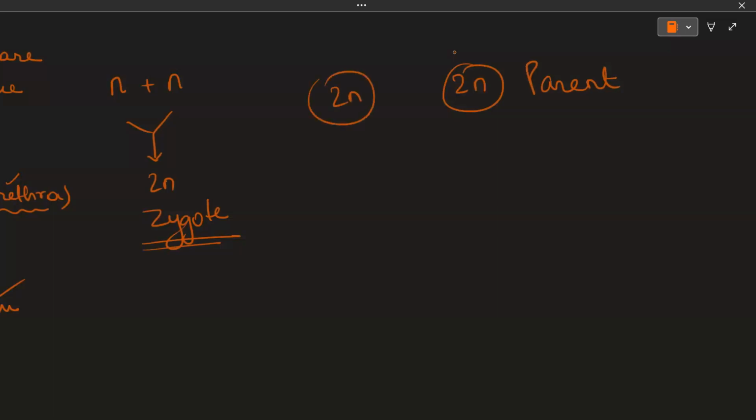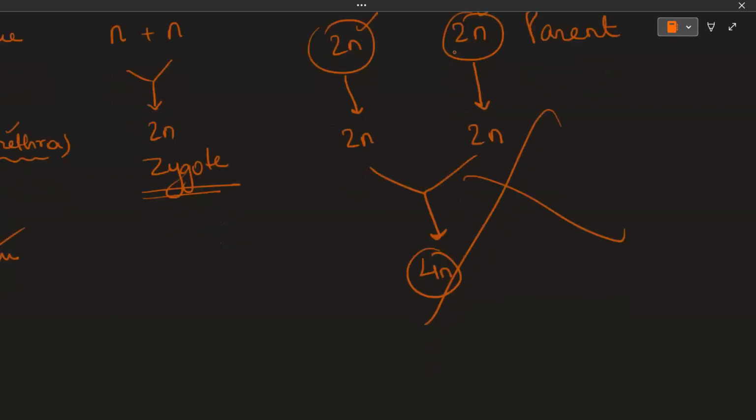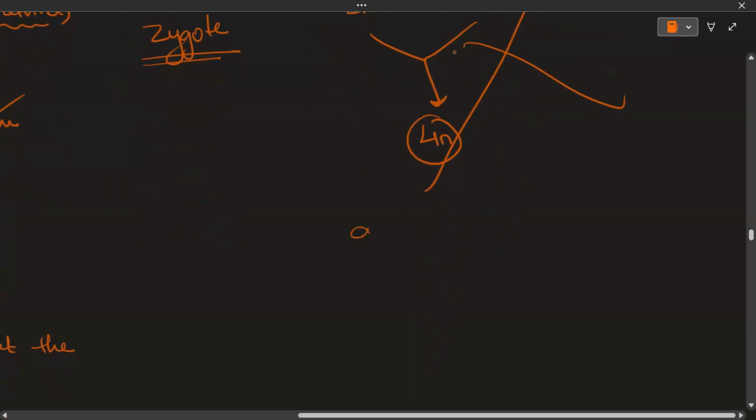Now, if the gametes coming from the male parent are also diploid, and the gametes coming from the female parent are also diploid, what will be the ploidy of the zygote? 4N. Is this the same as either of the parents? No, ma'am. So this is a big no condition. This is the reason why the gametes are always what?